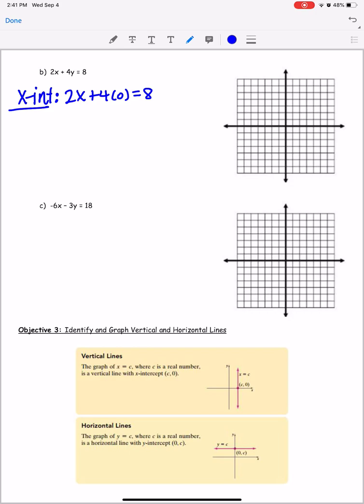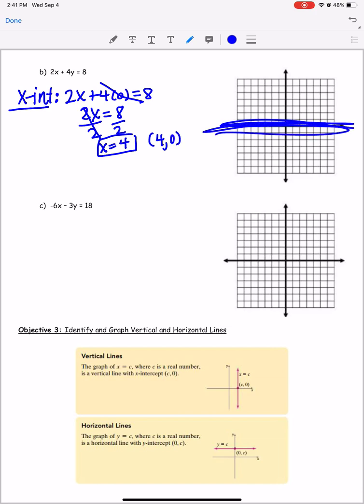Well, 4 times 0 is 0. That cancels out. So I've got 2x equals 8. Divide both sides by 2. And I get x equals 4. Now, as an ordered pair, x is 4. So 4 comma. We put in a 0 for y. So 0. So on your x-axis, go 1, 2, 3, 4.